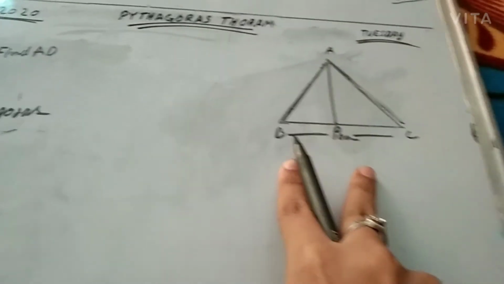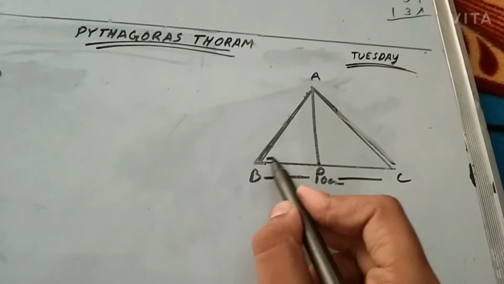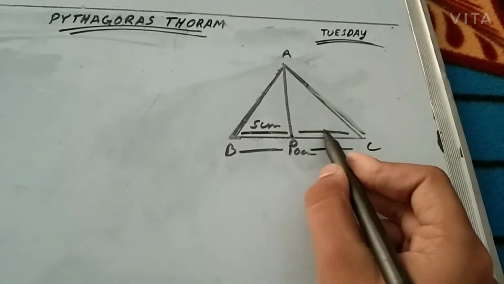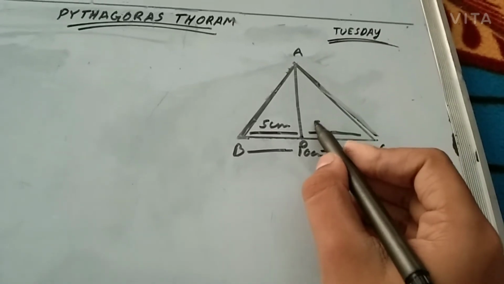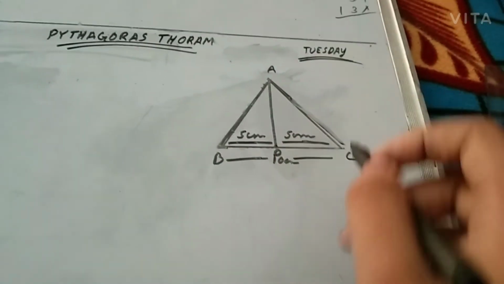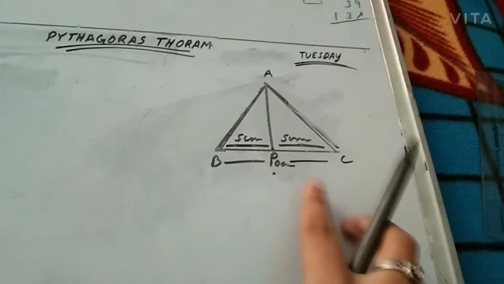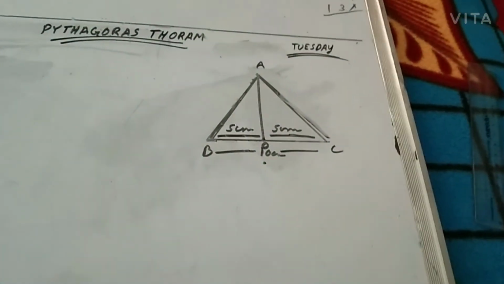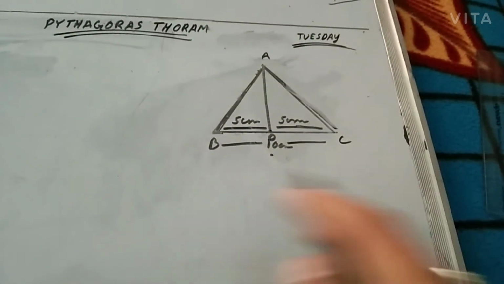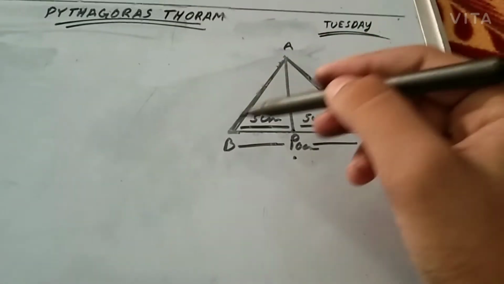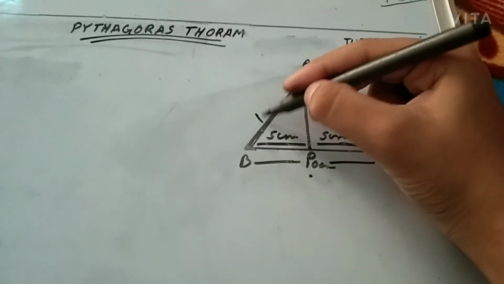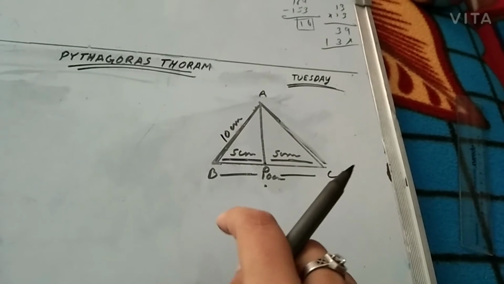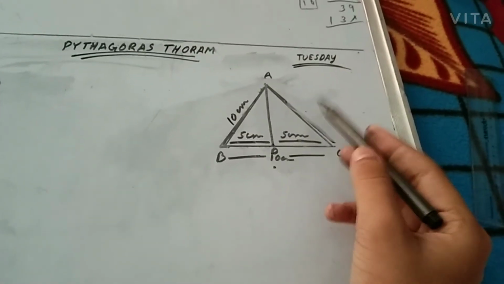So because of this line, this BD will be 5 centimeters and DC will also be 5 centimeters, because 10 is divided in half, because it is equilateral, so this will be 5, 5. And the AB will also be 10 centimeters, because it is an equilateral triangle, and this will also remain the same 10 centimeters.